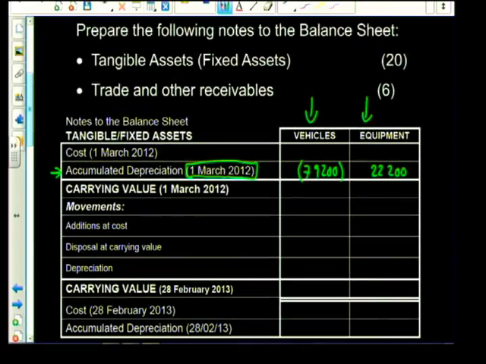These two numbers need to be in brackets. Remember, these are the figures relating to our accumulated depreciation. Depreciation reduces the value of our assets. It's a negative asset, so in note number 3, these two figures are always shown in brackets. Here's a little hint for you.